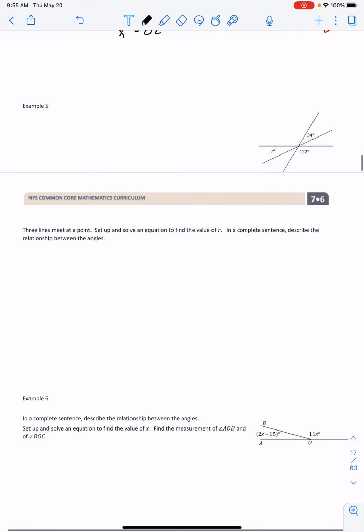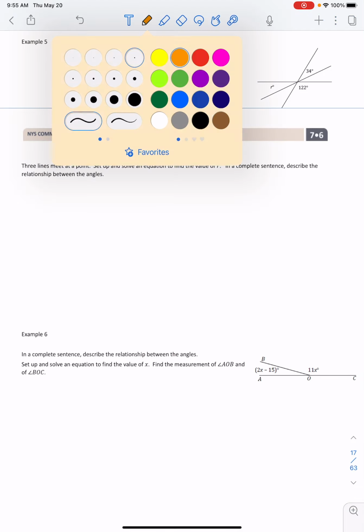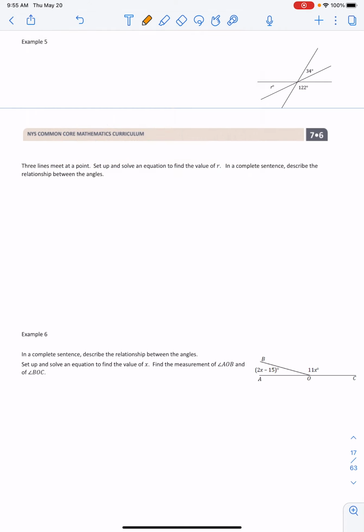Our next equation, and here we have to be careful. With this one, I have R and here are vertical angles. So if R is here, R can also be here. Okay?